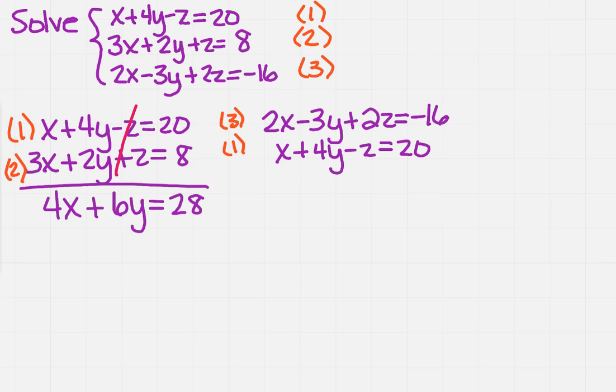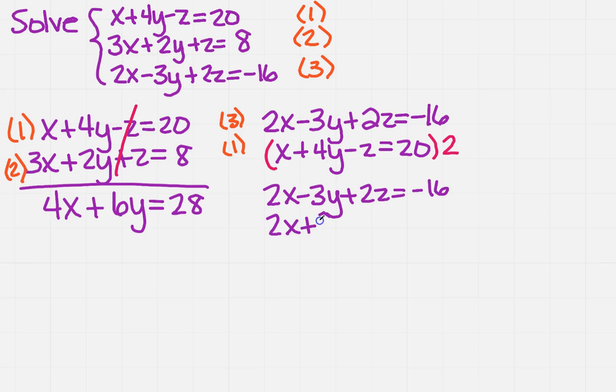And now, what do I need to do? I need to see, this time when I add straight down, none of my z's are going to cancel. Remember, that's what we have to get rid of, is z. So the signs are different. So I'm going to take the first one and multiply it by 2. So I'm going to rewrite the second equation, and then rewrite the first one having multiplied through by 2.